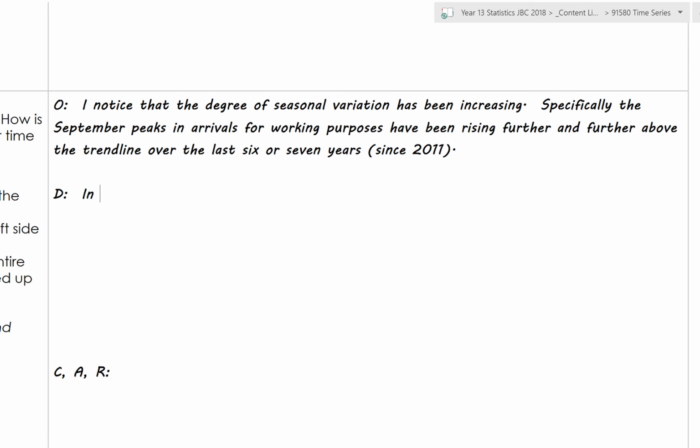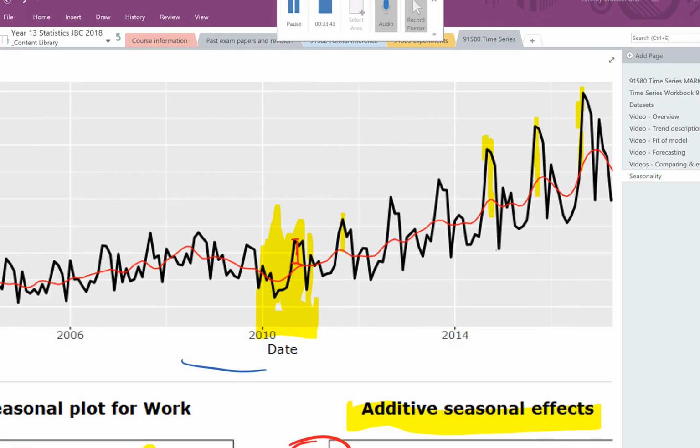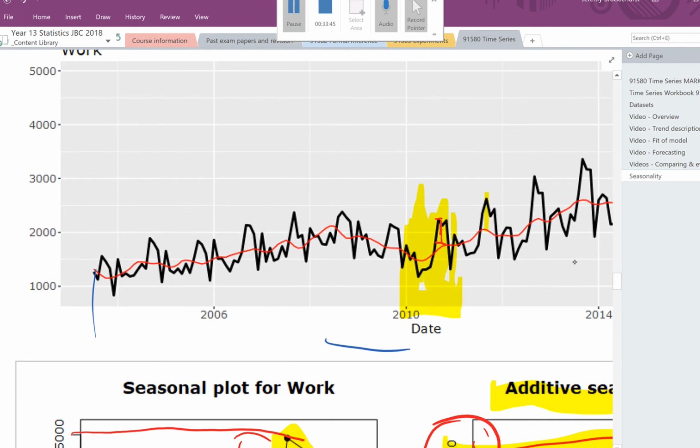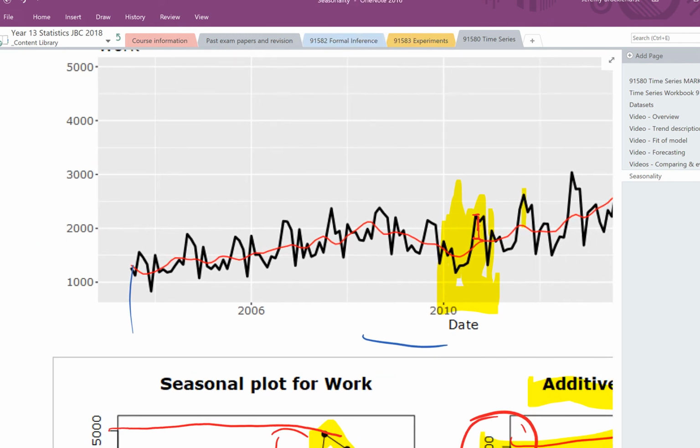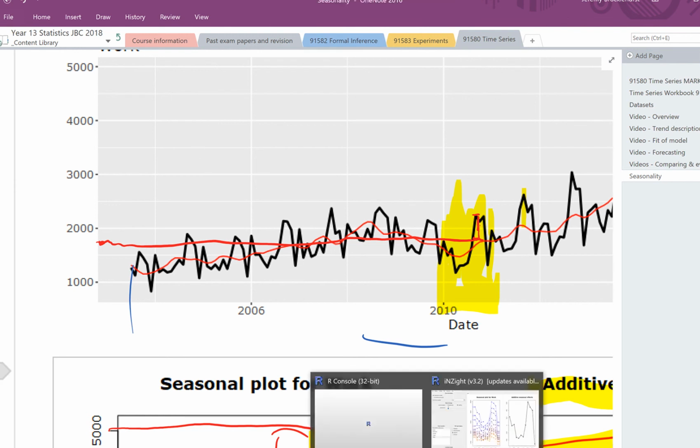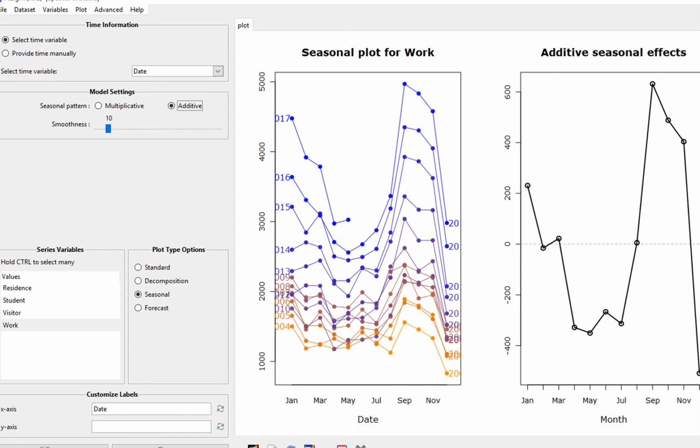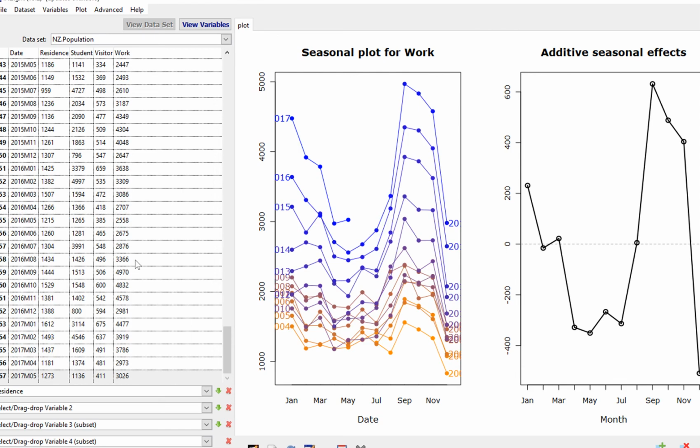Okay, giving some more detail. In 2011, the September figure, and let's have a look. The trend at that time was probably about 1,700, and the actual figure was, so this is September 2011. If I go back to the data, I can actually find out what the figure was.